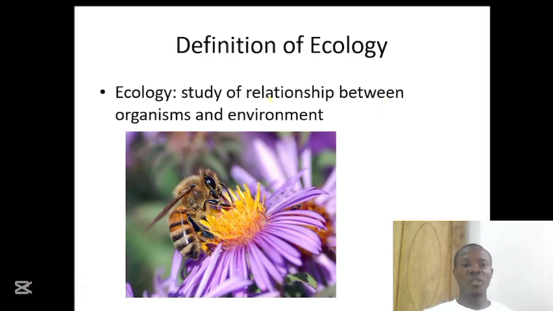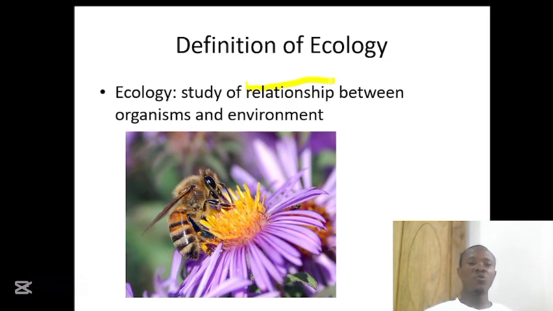Ecology is the study of the relationship between organisms and their environment. For example, how we interact with plants. We give out carbon dioxide and we take in oxygen, while plants make use of the carbon dioxide in the process of photosynthesis and give out oxygen.